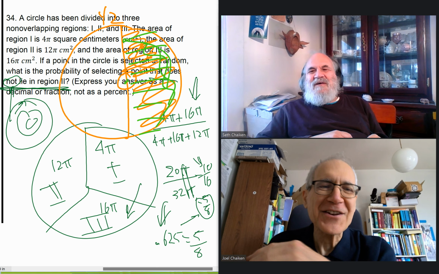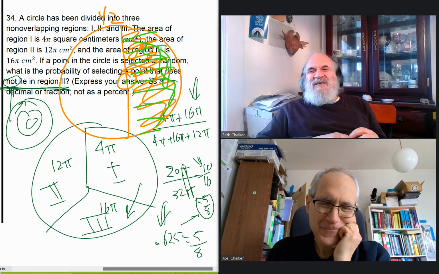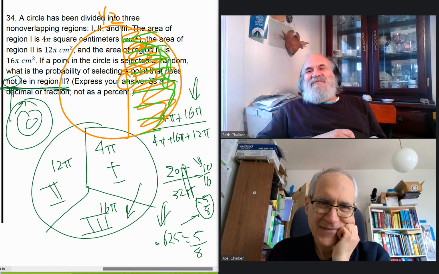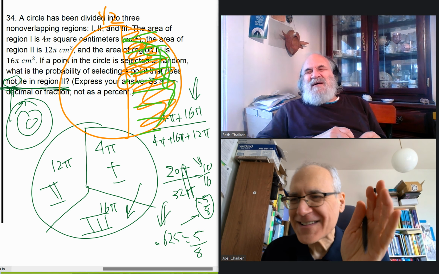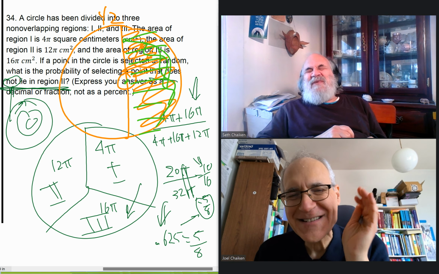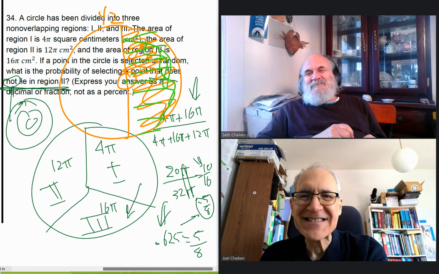Okay, forget it. Let's say you don't aim. The probability is a half. So that's a problem with unusual symmetry, the left half versus the right half.